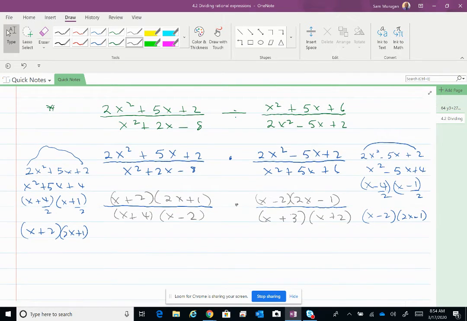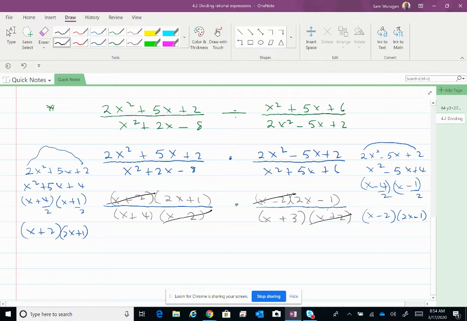So now I'm going to go ahead and cancel anything that can cancel out. So I can see that x plus 2 cancels with x plus 2, and x minus 2 cancels with x minus 2. Now, on the numerator, we have 2x plus 1, 2x minus 1.